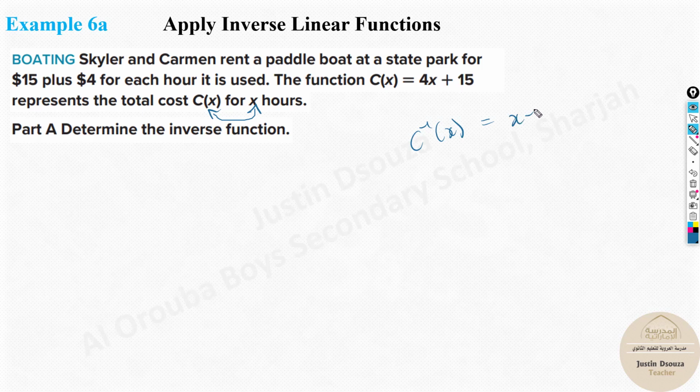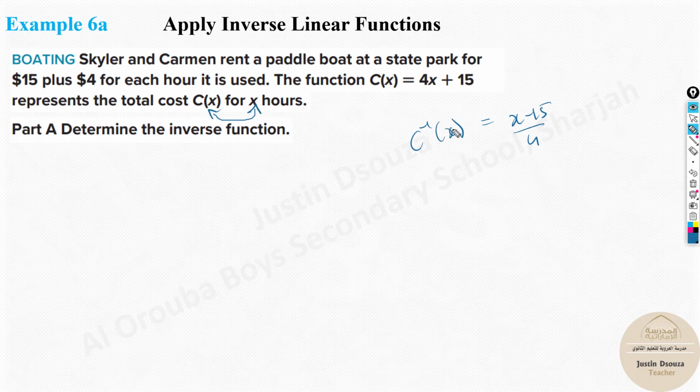It'll be x minus 15 by 4, I believe, because inverse basically means opposite operation. So focus on this x. The next term is plus, it becomes minus 15. This is multiplying, it'll become division by 4, because the inverse of multiplying is division. So something like this. I'm not sure, but I think this is the answer.